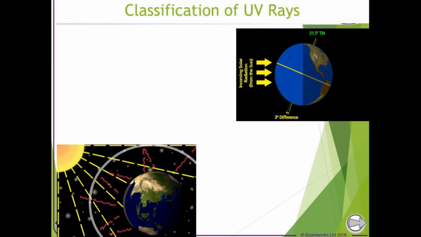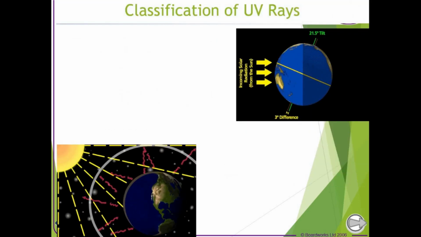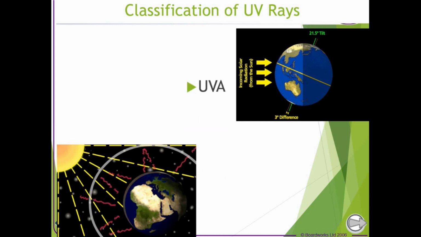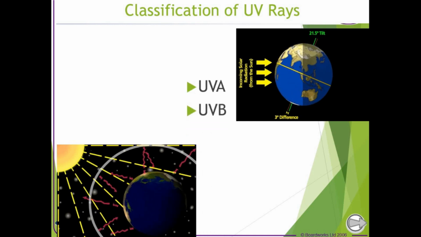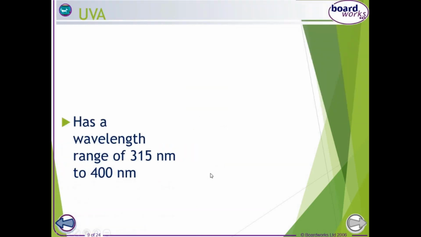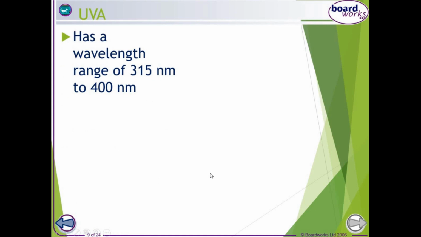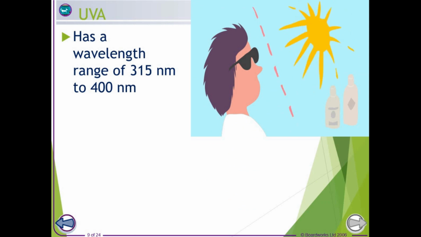What are the classifications of UV rays? We have UVA, UVB, and UVC. UVA has a wavelength range of 350 nanometers to 400 nanometers. It has more penetration in the earth than UVB.